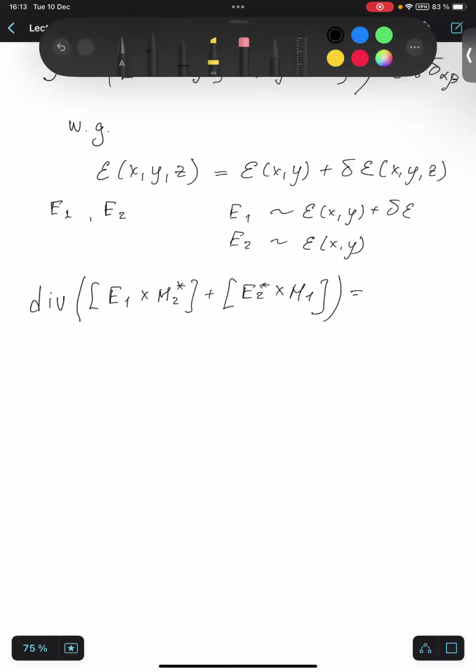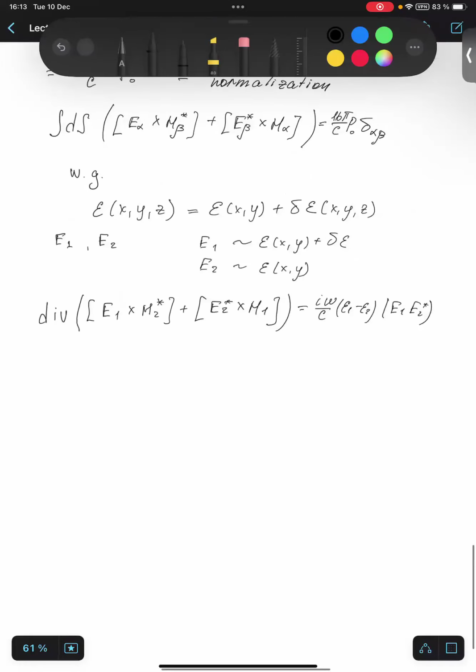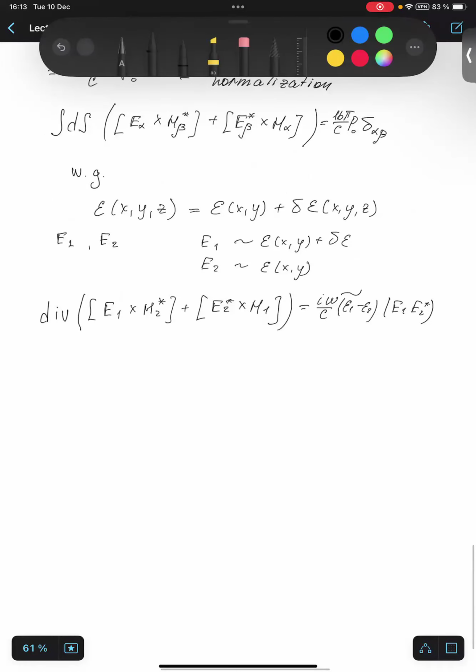And since we have different permittivities, we now have a right-hand side: epsilon 1 minus epsilon 2, here also E1 conjugated. So this is nothing else than our delta epsilon.